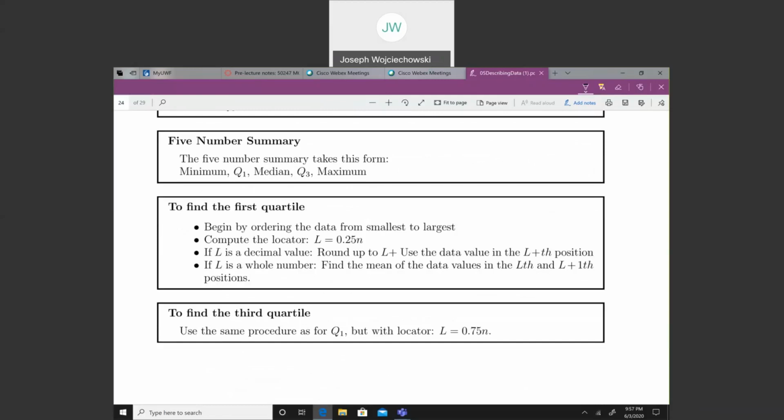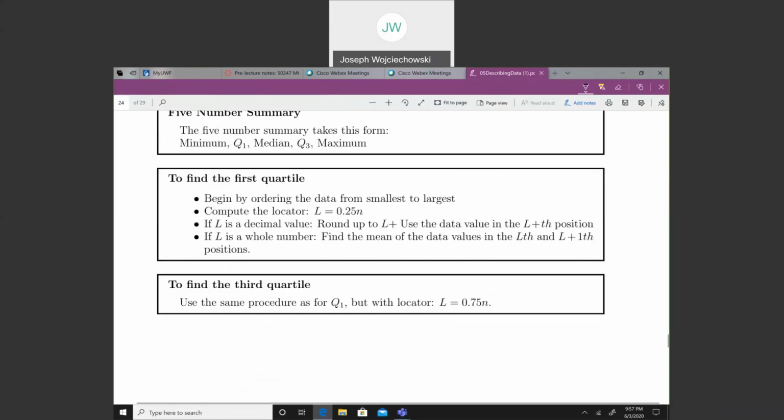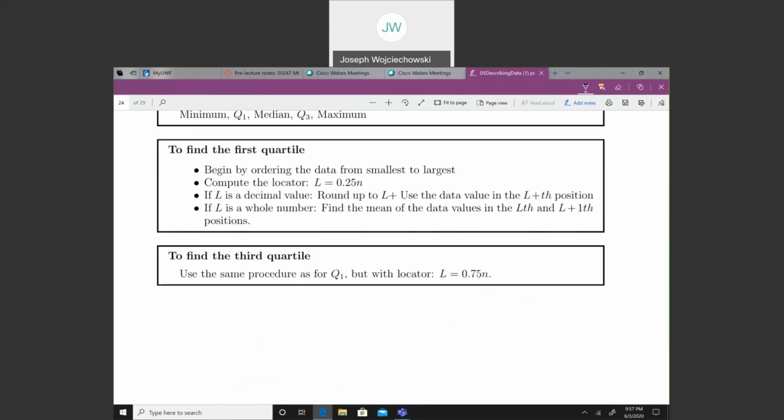To compute the first quartile, begin by entering the data from smallest to largest. Compute the locator, L, equal to 0.25 times n, which is the number of data points. If L is a decimal value, round up to the next value, even if it's 0.001. So if it's, say, 4.001, you still round up to the 5th data point.